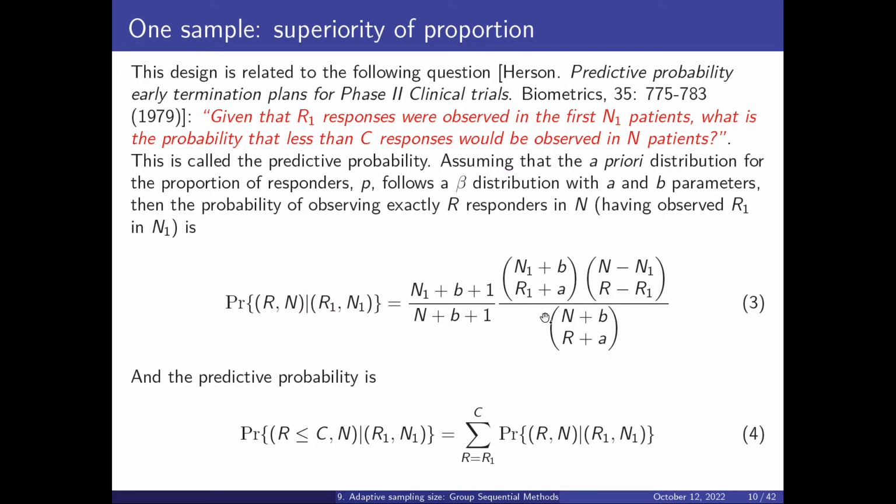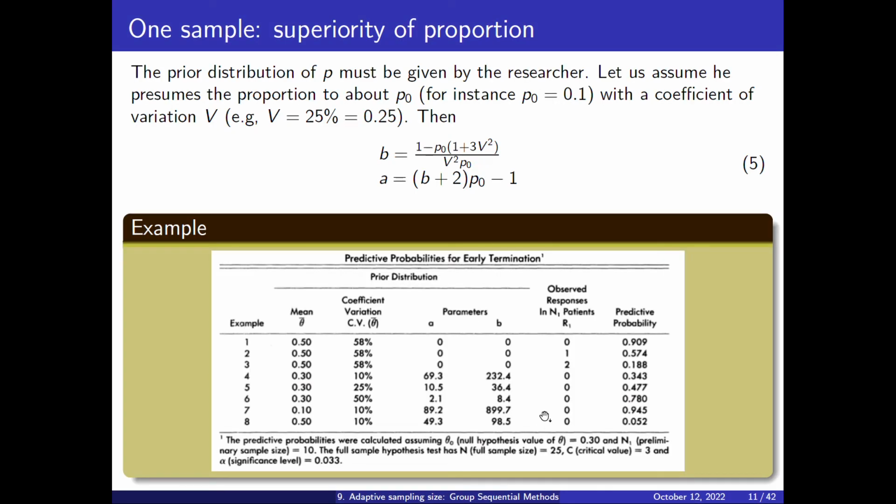It looks complicated, and the predictive probability is the sum of many of these probabilities from R1 to C. So what are A and B? We need to assume what the proportion of responders is.